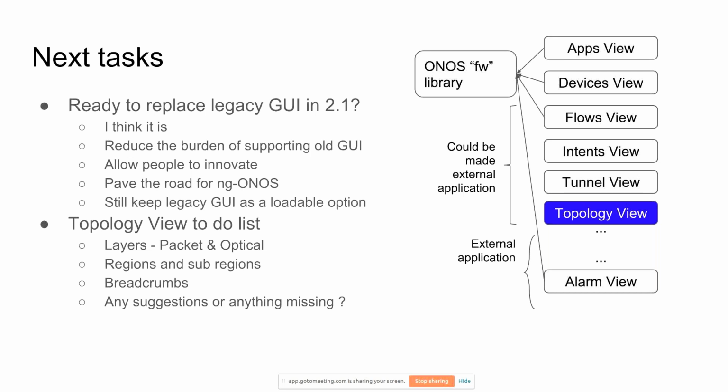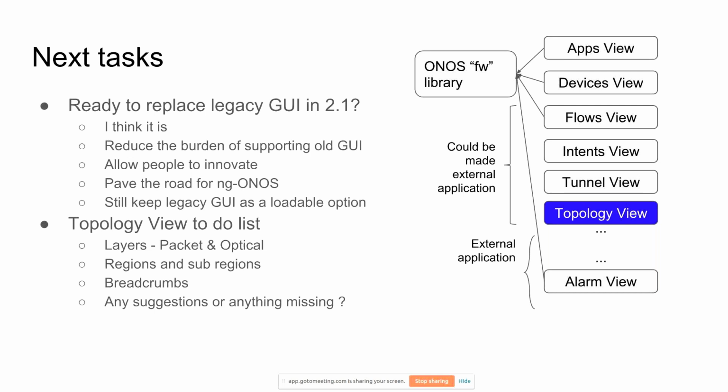If I can make a suggestion, I would go about keeping them in place for our release, in the sense that maybe we release 2.1 with both of them, either changing the URL or making an application or something like that. For example, the packet optical, for me, it's kind of useful. If it's not there in the GUI 2, I can still load the GUI 1 and have that.